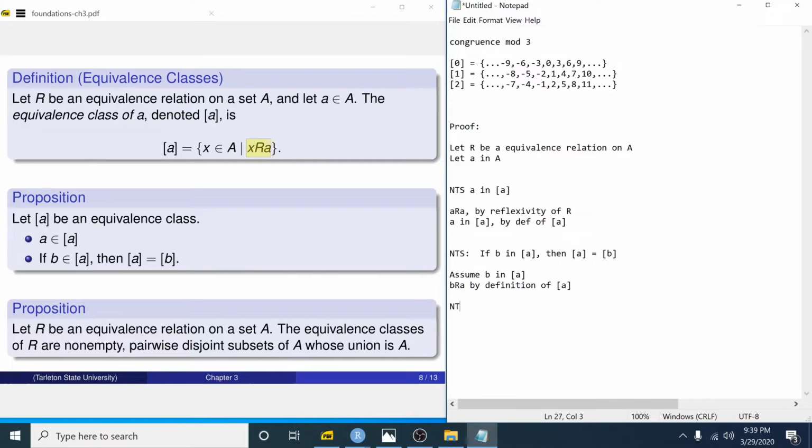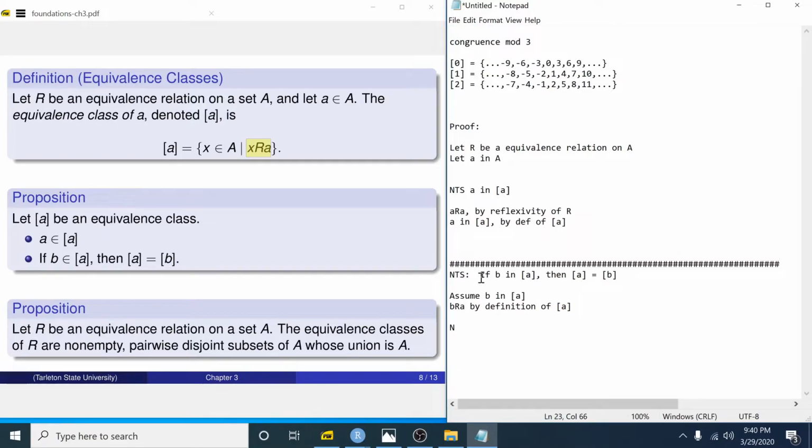Okay, now let me do this to make it clear that I'm sort of dividing this part up. I'm trying to show that if b is in [a], then [a] is equal to [b]. We've already assumed this first part, right? We've already assumed that b is in [a]. So we simply need to check that [a] is equal to [b].